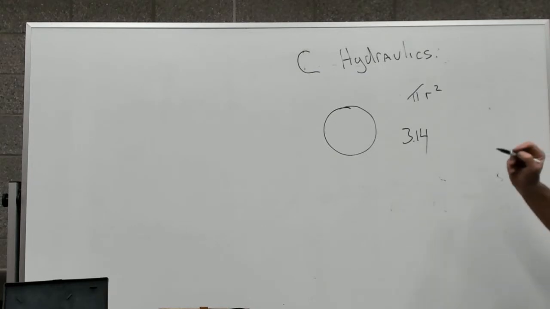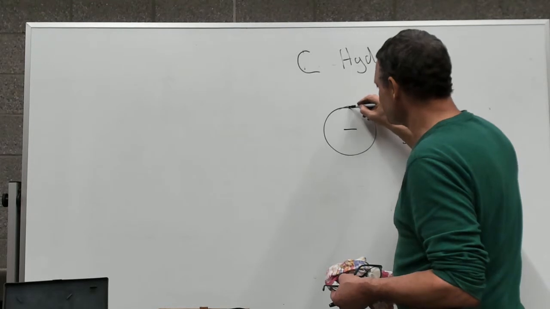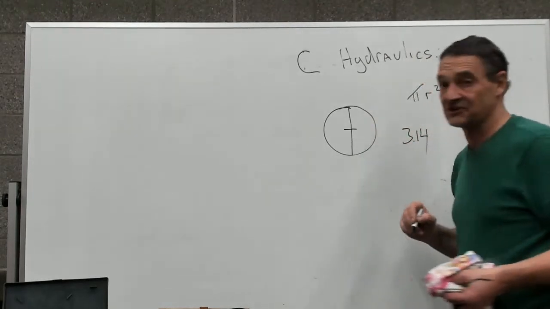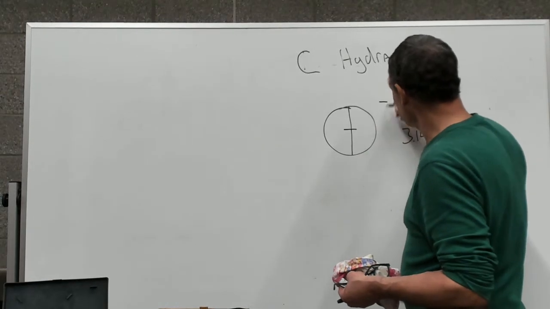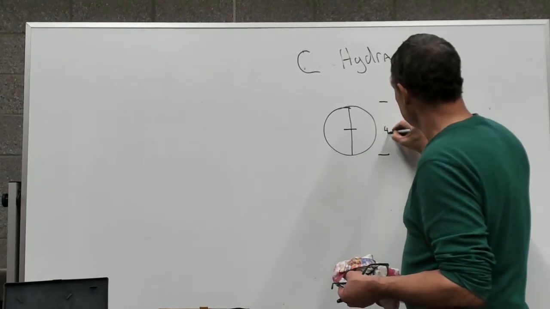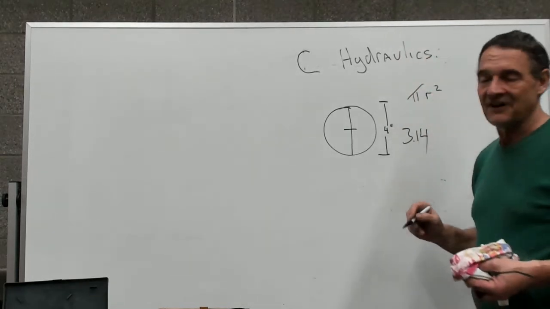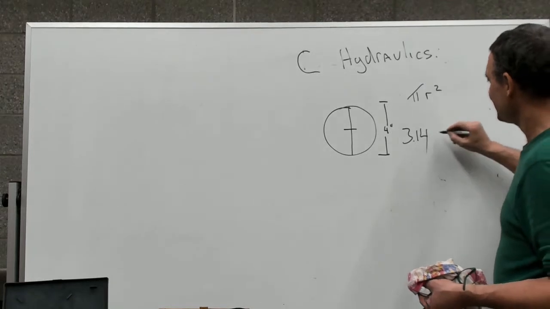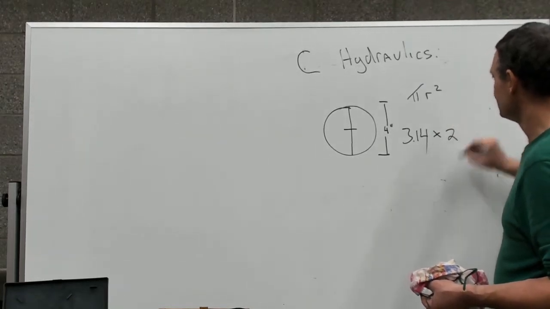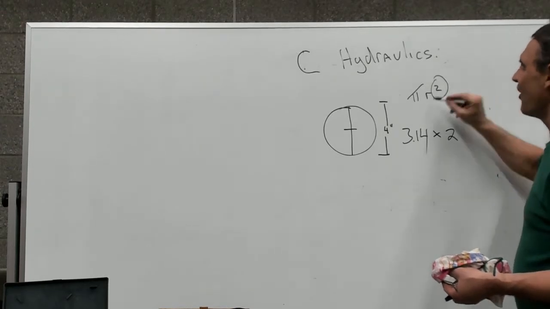r stands for radius, and radius is half of the diameter. Say this circle is 4-inch diameter. Half of the diameter is the radius, so it's 2. Pi times 2, but we've got this 2 to worry about too, r squared.